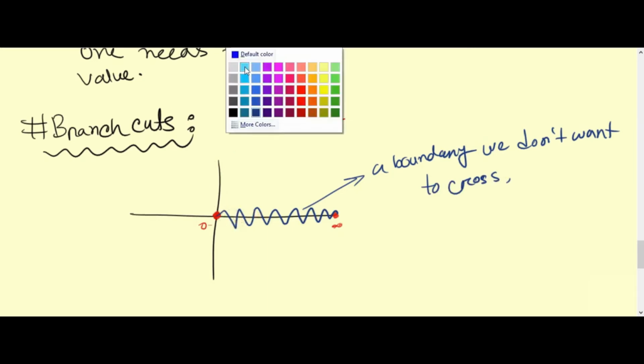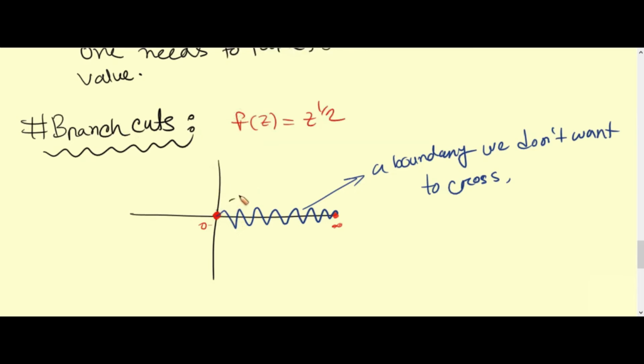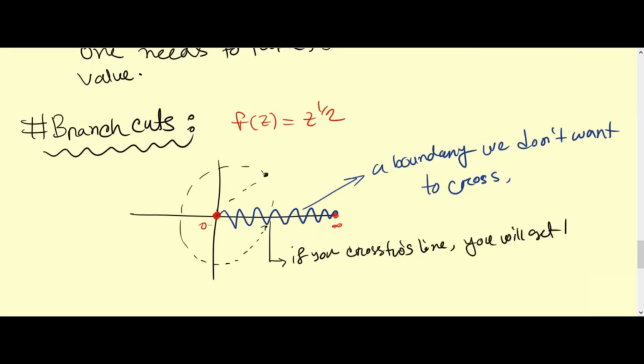So if you had a z, and let's say z starts from here, and you want to rotate over here like this, and you encounter a branch cut, that means if you cross this line, you will get the other values of the function.